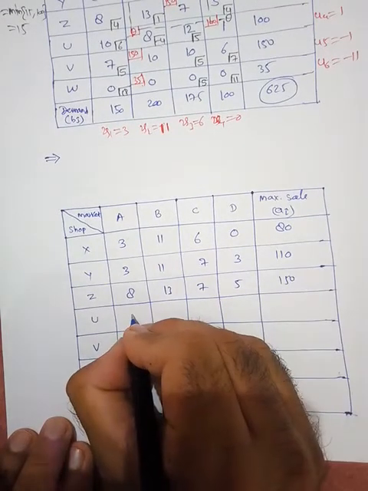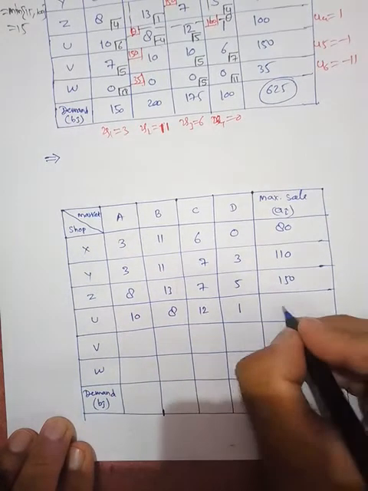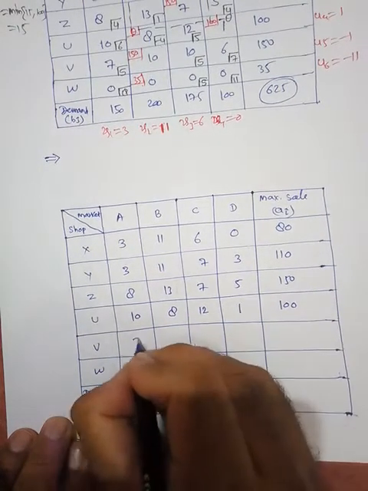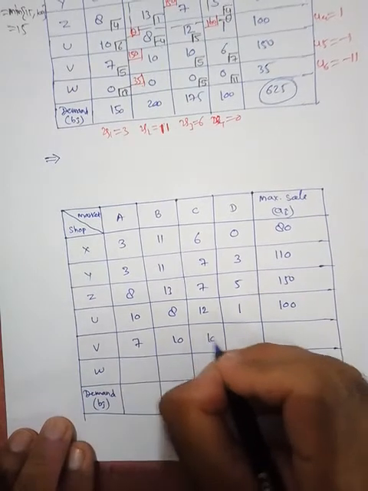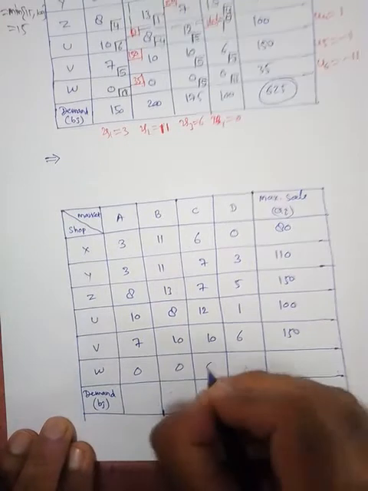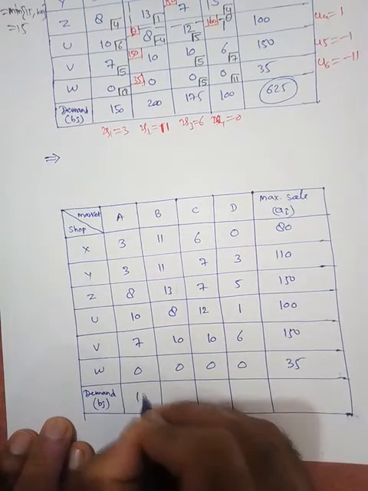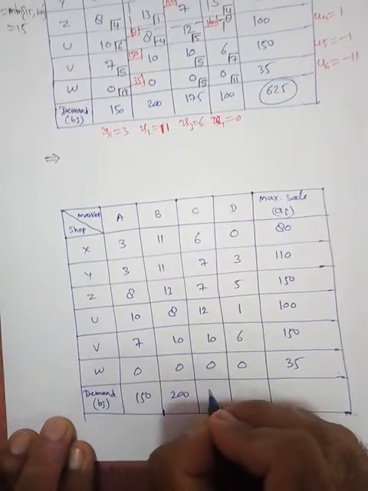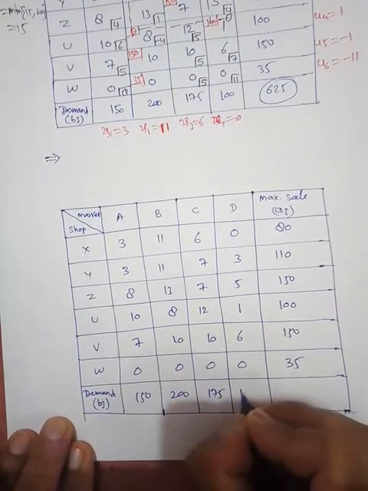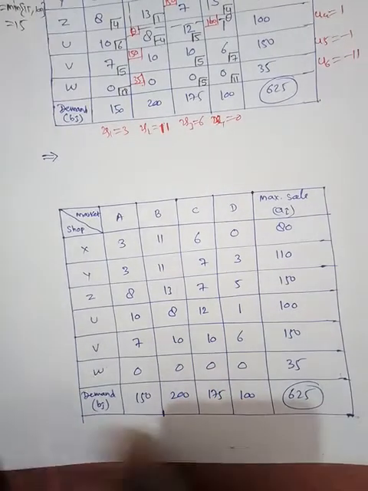Here 10, 8, 12, 1, 100, 7, 10, 10, 6, 150, 0, 0, 0, 0, and 35. Here is 150, 200, 175, 100, and 625. So this is the revised table.